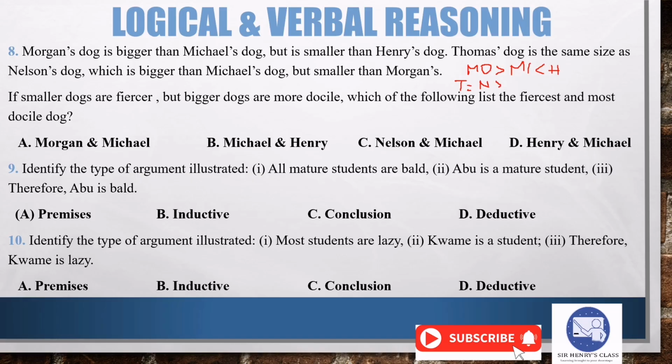So Thomas and Nelson's dog are bigger than Michael's dog, but smaller than Morgan's dog. So clearly we can see that the biggest of all these dogs will be Henry's dog, then followed by Morgan's dog.